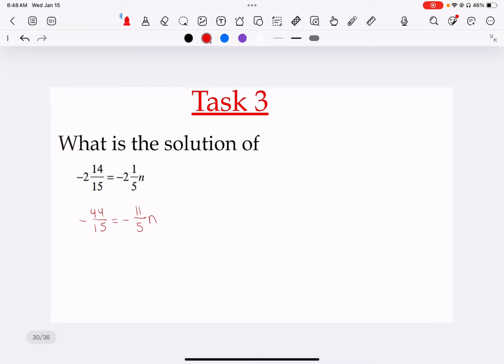Negative 11 over 5 times n. I'm going to multiply by my common denominator of 15. Negative 44 over 15 times 15 is negative 44. Negative 11 over 5 times 15 is negative 33n. Divide both sides by negative 33.